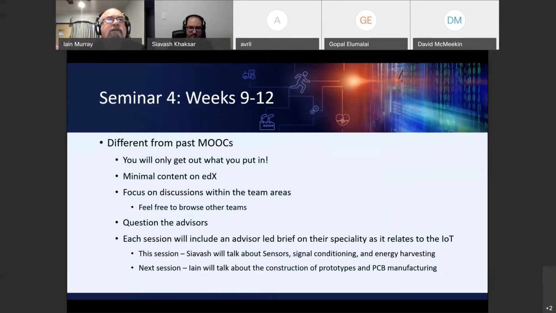However, each of the sessions we're running over the next 3 or 4 weeks will have a topic that is the specialist area of each one of the advisors. So this week we're having Savash talk about his work with different types of sensors, how they're interfaced, how to use them.